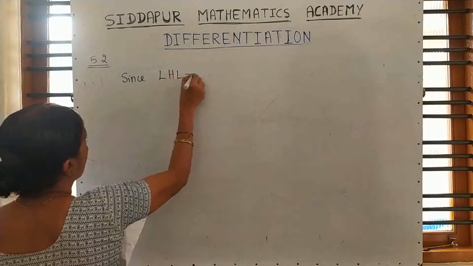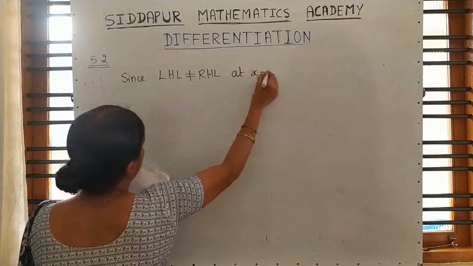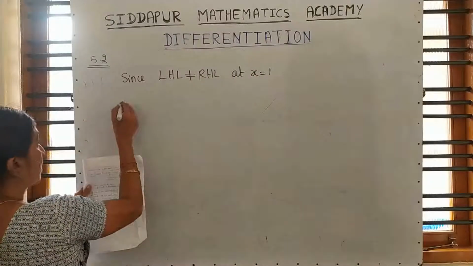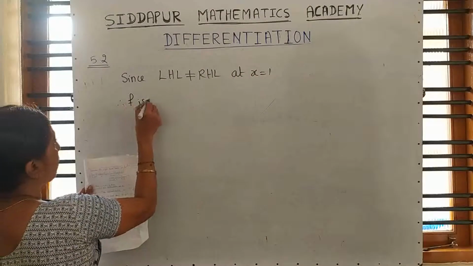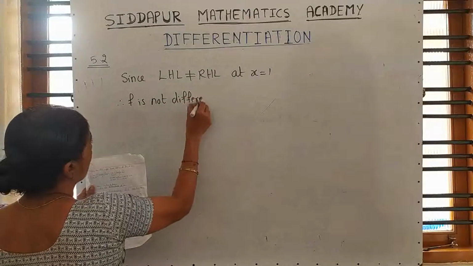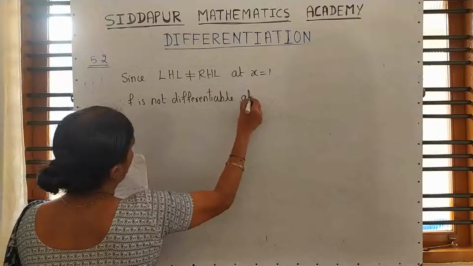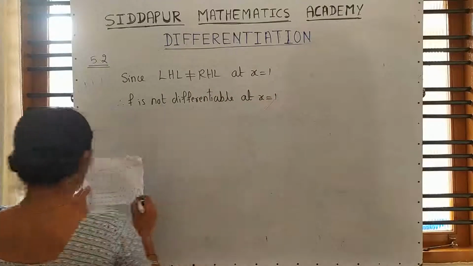Left hand limit is not equal to right hand limit at x is equal to 1. Therefore, f is not differentiable at x is equal to 1.